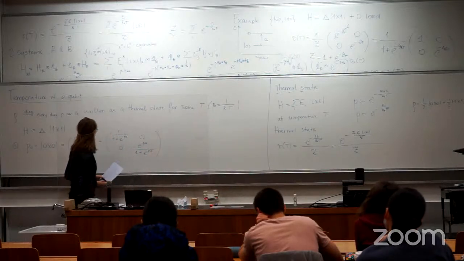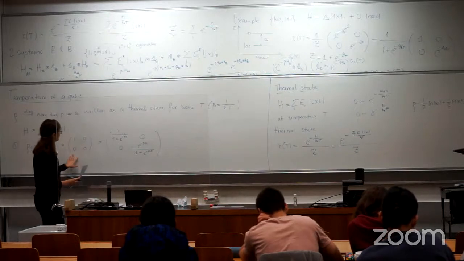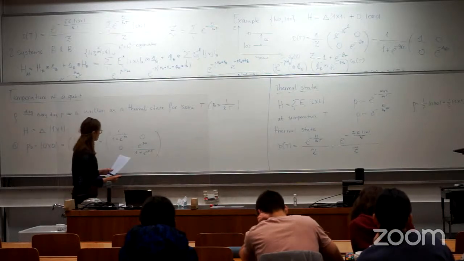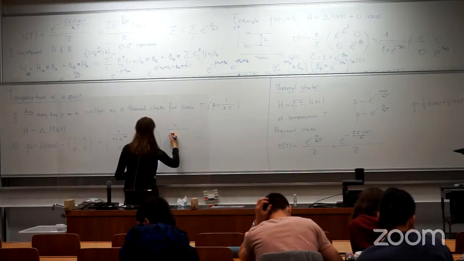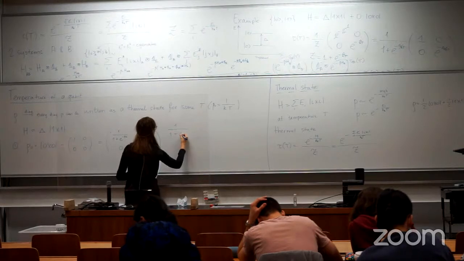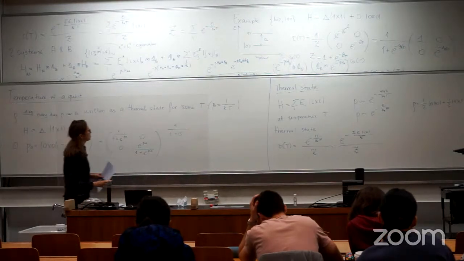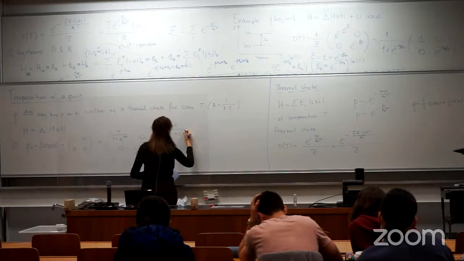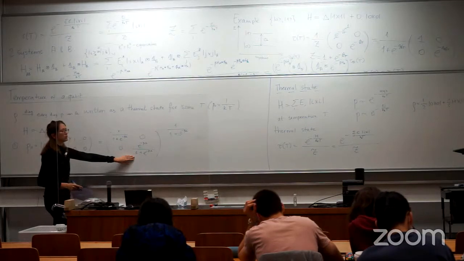Okay, so to find this beta, we just have to solve these equations. Here, what we need is that this element is equal to 1. This automatically ensures that this element is equal to 0, because these two elements sum up to 1.